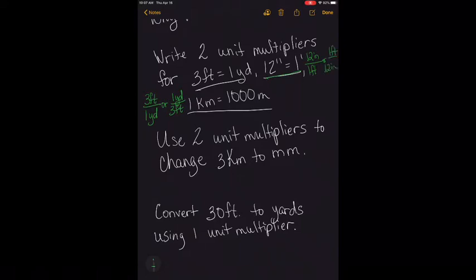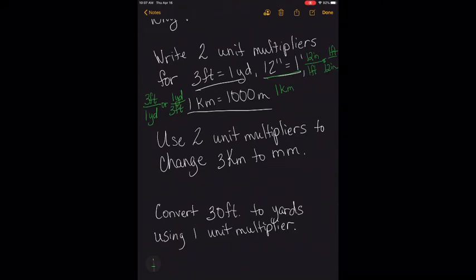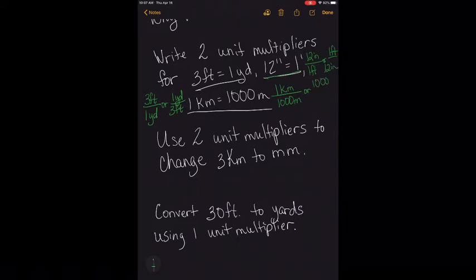Or we can write it this way, 1 foot is 12 inches. 1 kilometer is 1,000 meters, or you can write it as 1,000 meters is 1 kilometer.